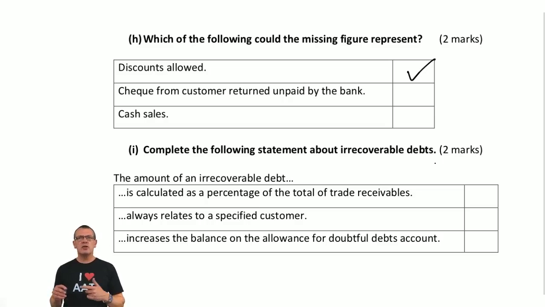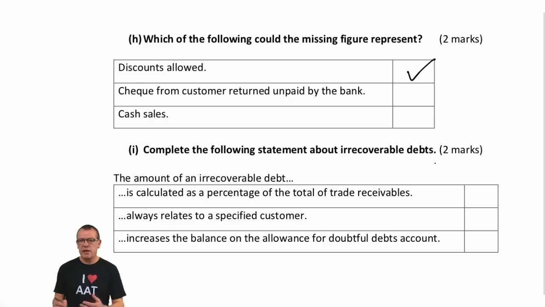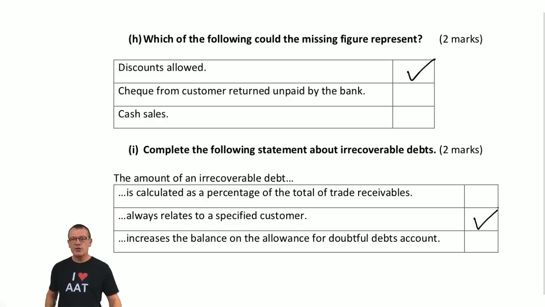Well, a doubtful debt is a provision, so it wouldn't be a provision that's increasing, it's actually being written off. So what we're doing is writing the debt off, so it would be specifically written off against a particular customer. So we will tick that there. And what we've done, we have finished question 2 of the advanced synoptic assessment.